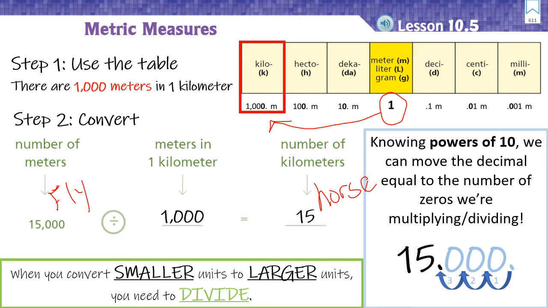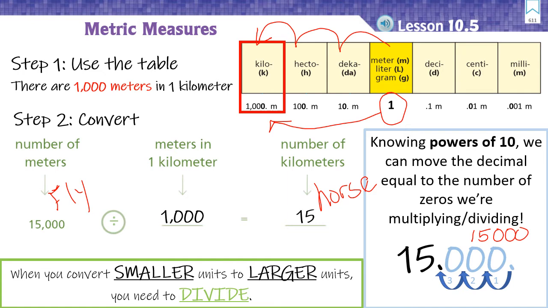Now, I want to show you the easiest way to do this. Use your knowledge of powers of 10, okay? We start with the number 15,000. Remember, our decimal point is at the end if we don't see it. We want to go to kilometers, so we need to move 1, 2, 3 times to the left. We're dividing, we go to the left. Remember, donkeys love.